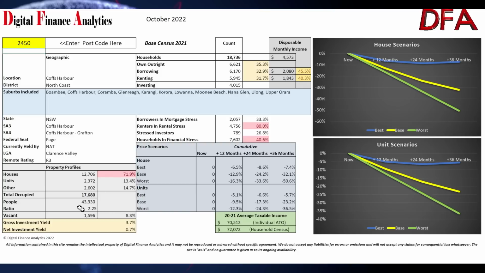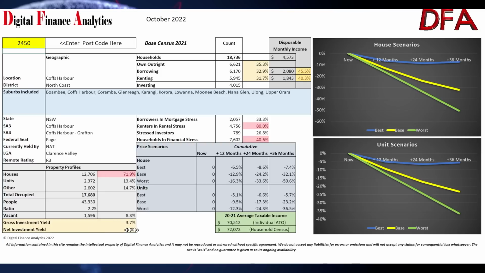And the people ratio is 2.25, so that would suggest some families. 8.3% were vacant on census night, 1,500 properties, and the gross investment yield is on average 3.7%. So that's effectively the ratio of price relative to the average income from rent.